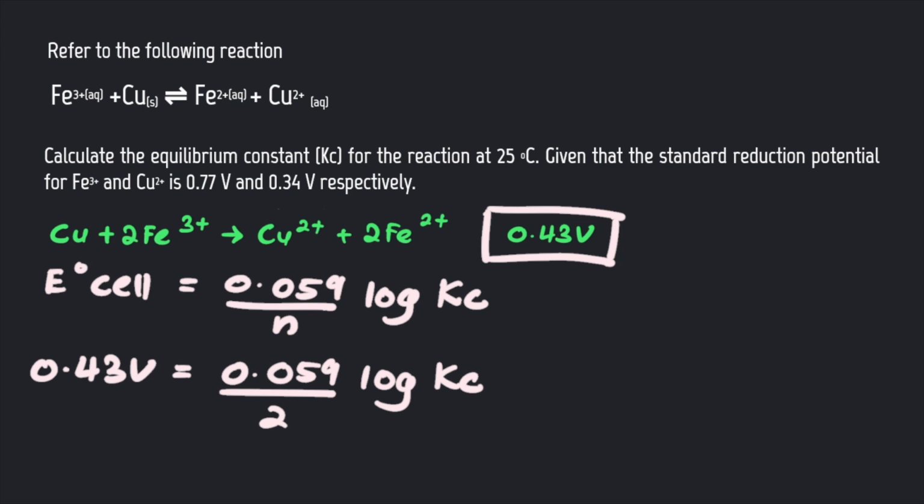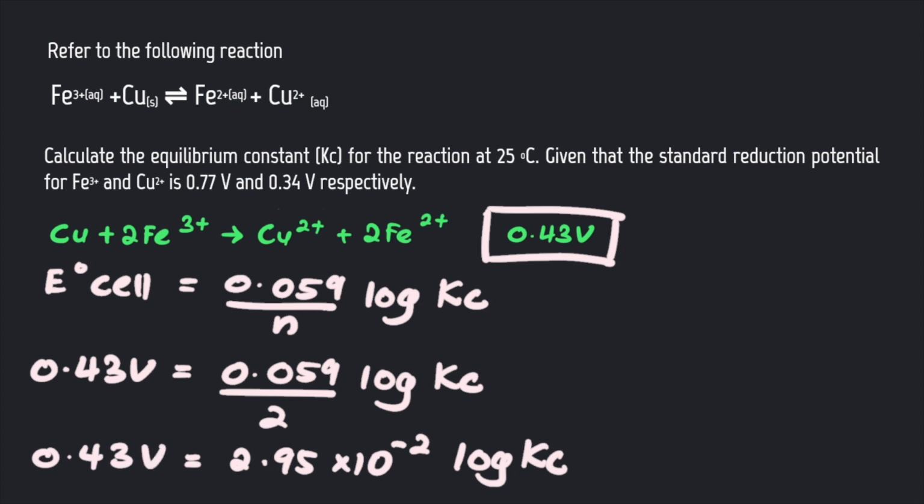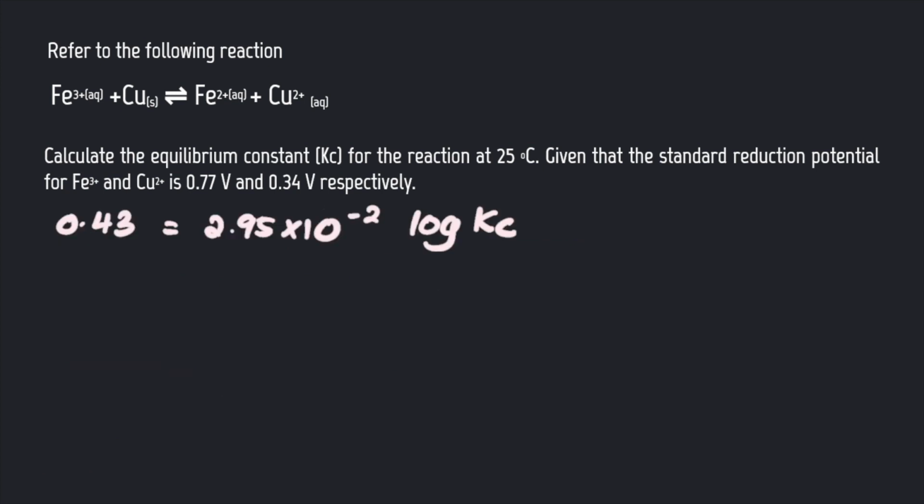So what we can do now is, you need to calculate this part first. It's equivalent to 2.95 times 10 to the power of negative 2 log Kc. So which is equivalent to 0.43 volt. So we will continue on with the normal calculus.